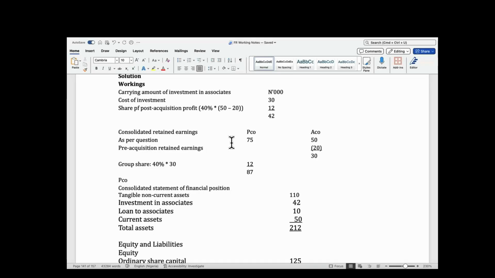However, if it were the associate that sold to the parent, the resulting unrealized profits would be eliminated from the retained earnings of the associate and the inventory of the parent.